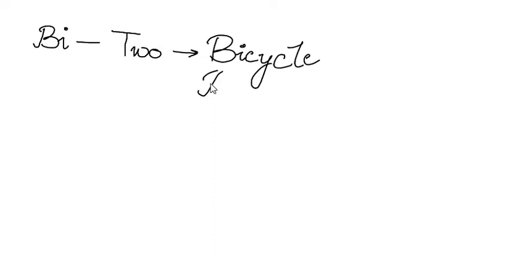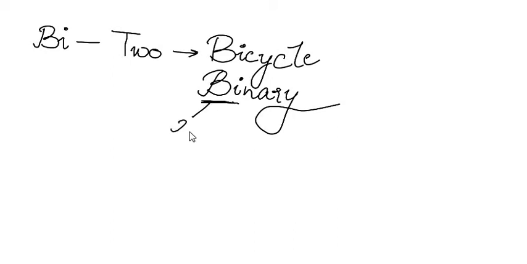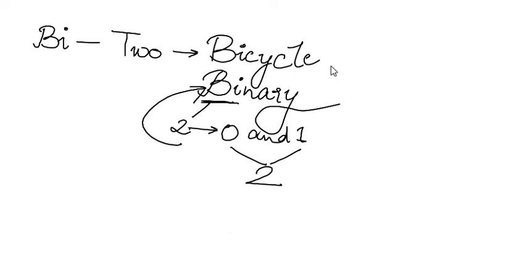Binary language. Computer only understands two types of symbols or numbers, you can say, 0 and 1, which are only two. That is why it is the binary word.